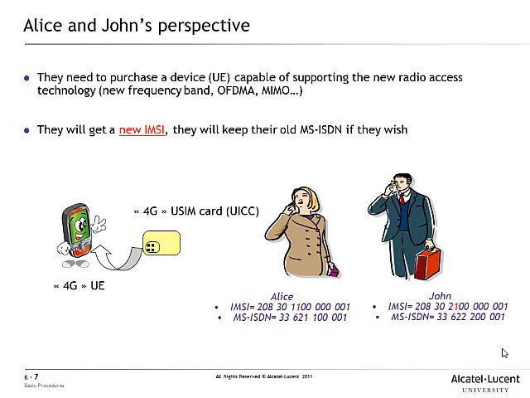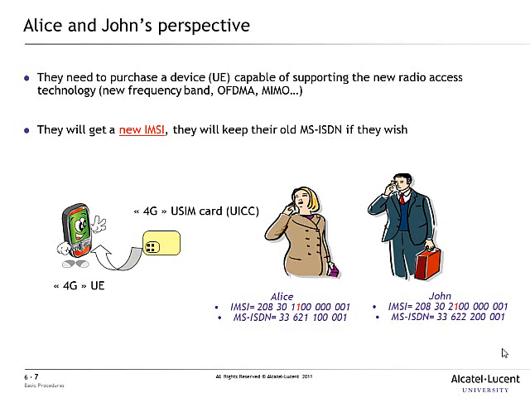A lot of people want to maintain the same mobile dial number, but an IMSI is a number that is hidden. It's only used internally within the network. So most operators nowadays give a new IMSI, but they keep the old MSISDN number.